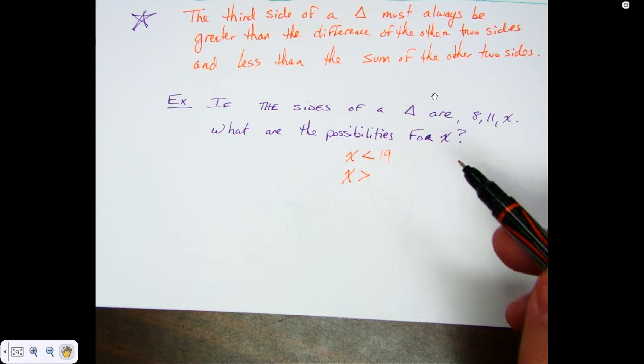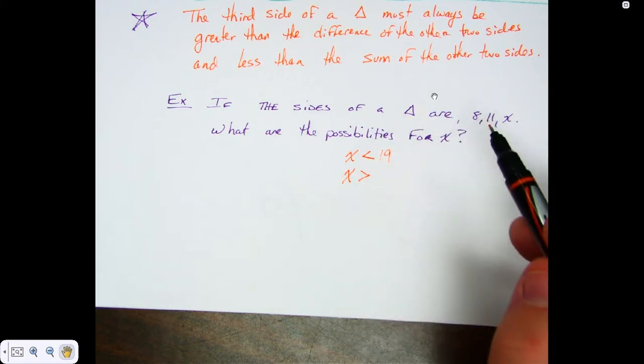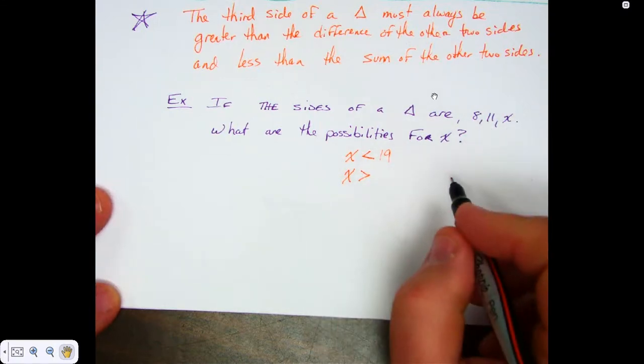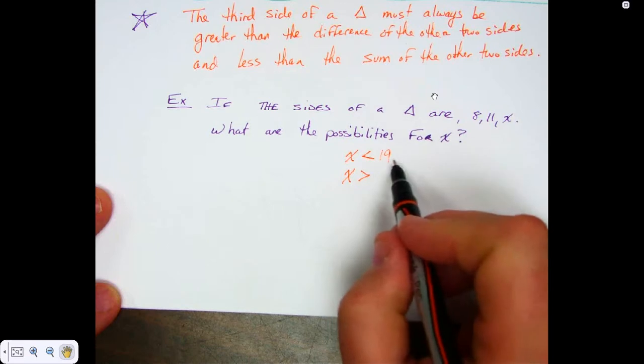So what does x have to be greater than? What does this third side have to be greater than? It has to be less than the sum and greater than the difference.